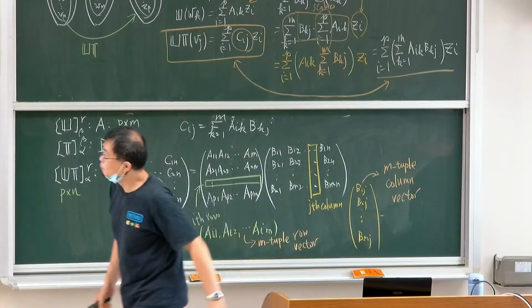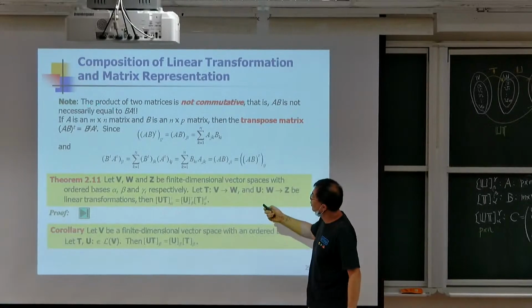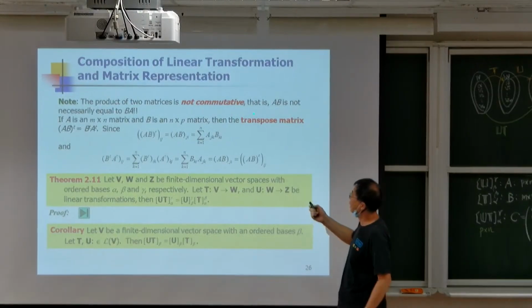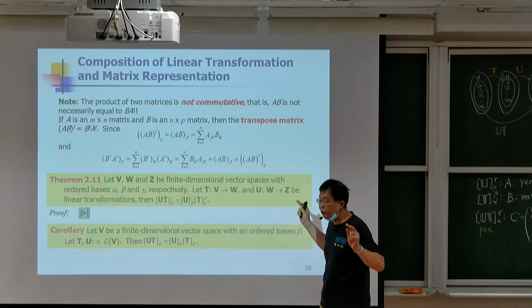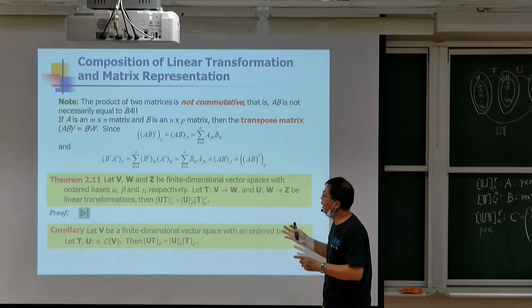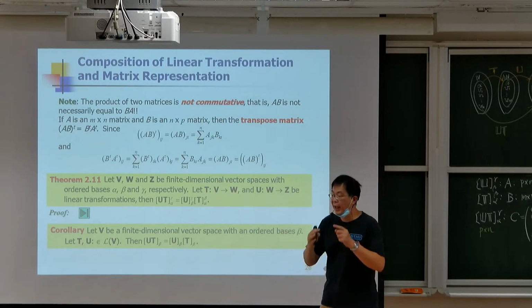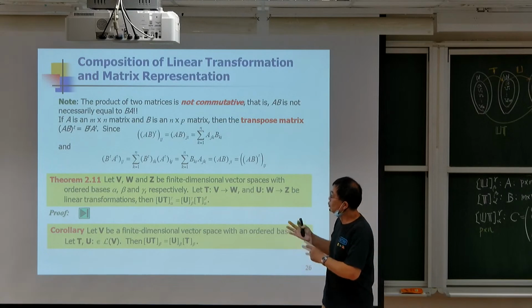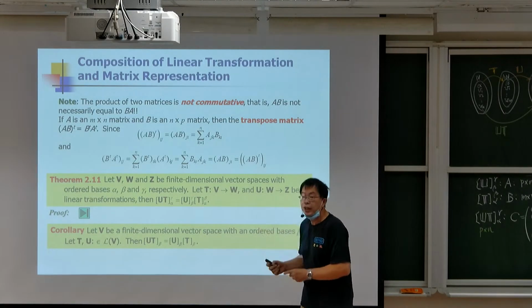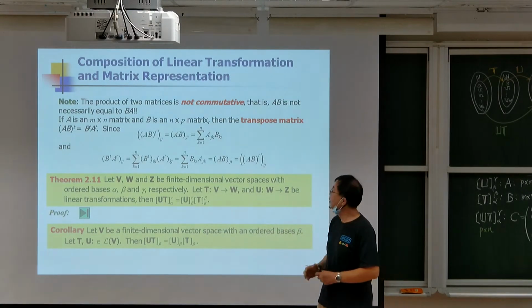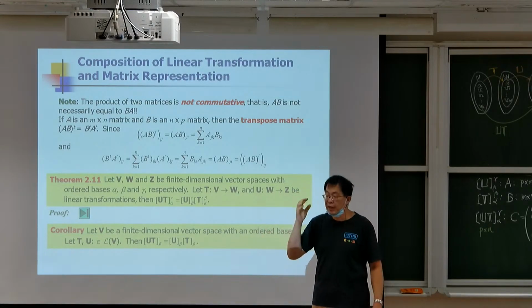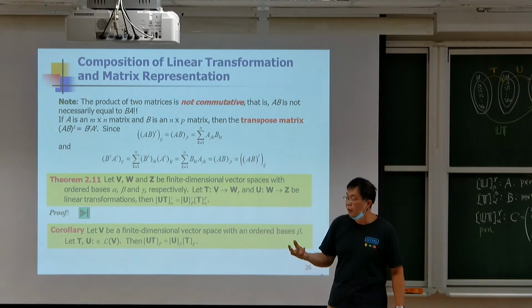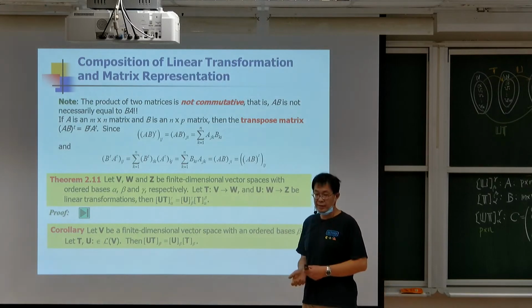Okay, so the next one is the product of two matrices is not commutative. We just mentioned that it's not commutative because AB is not necessarily equal to BA, even with the same dimension. Say A is an n by n matrix and B is an n by n matrix, they are not the same.